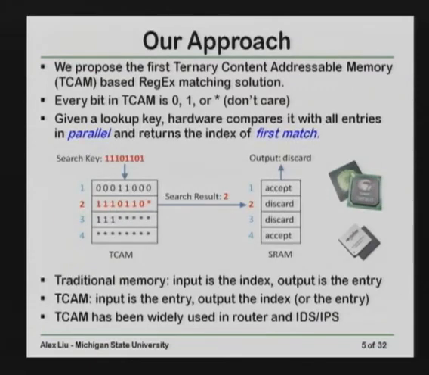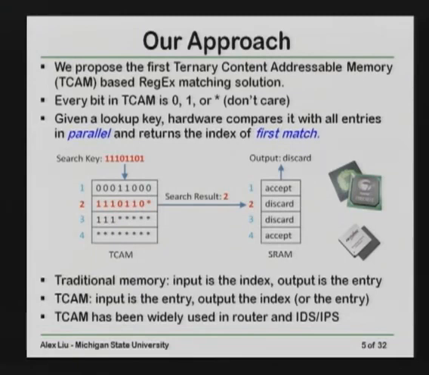However, the hardware first finds all the matches, and then uses a priority encoder, which will return the first match. So it will return the index 2, and based on index 2, it can quickly find the corresponding decision in SRAM.